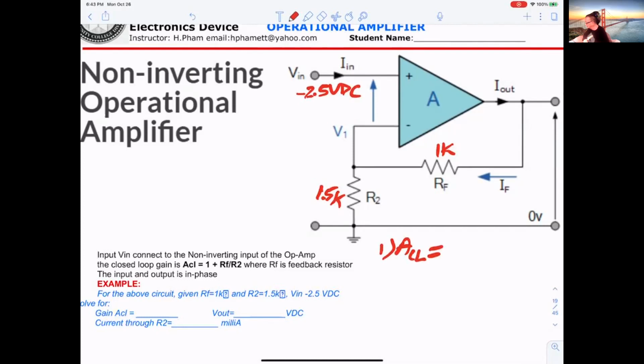Go ahead, calculate quickly, tell me what ACL equals. ACL equals 1.66. 1 plus RF over R2, which is 1 plus 1 over 1.5.